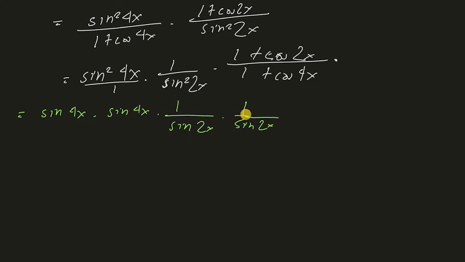O 'di ba? After that, this time, mag-multiply na ako ngayon ng mga ilalagay ko dito. So, I will multiply 4x over 4x. Ngayon, yung 4x na to, lilipat dito. That's over 4x. Alright? So, matatanggal yun. So, this will just be equal to 1.